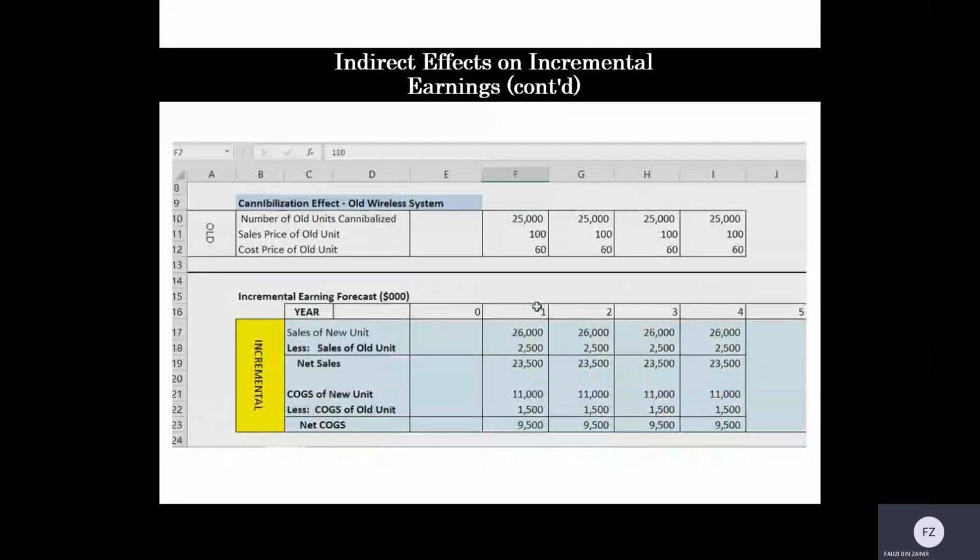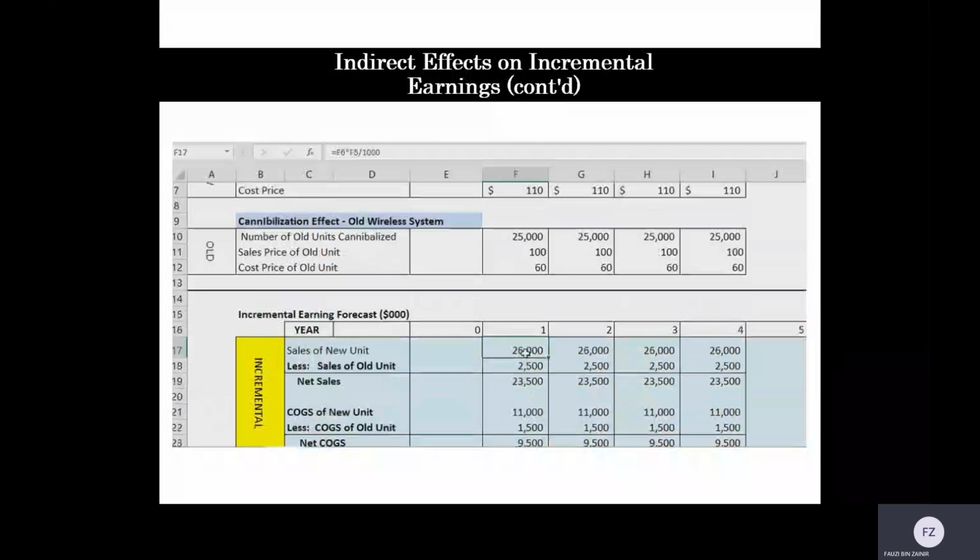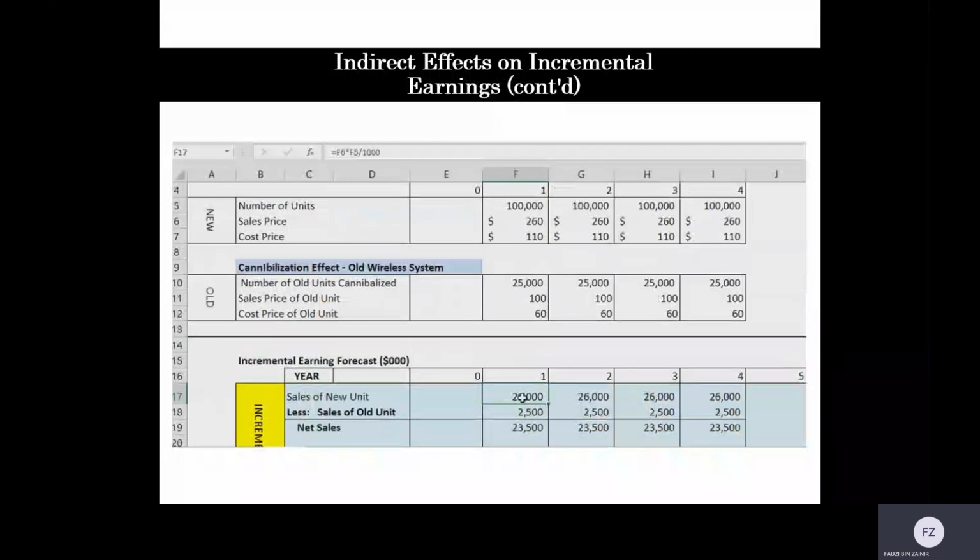So the number that we developed here, as far as HomeNet is concerned, is sales of 26 million. The 26 million is developed from 100,000 times 260. But for the sales of the old unit that has been cannibalized, we also have to take that into consideration.